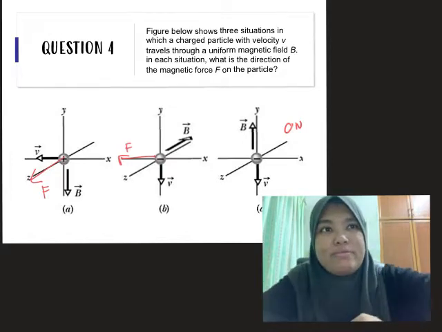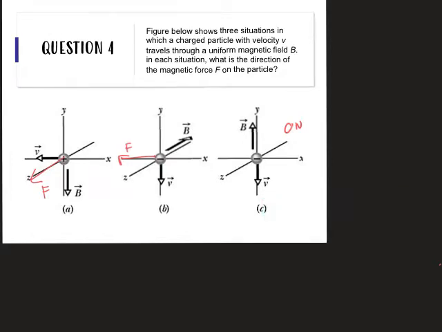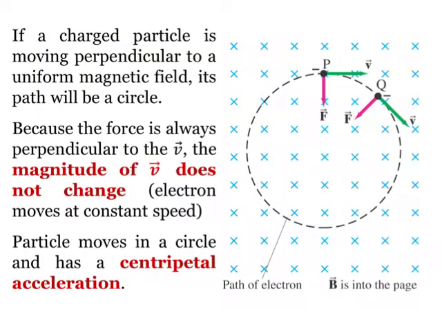Let's proceed to the next one. For example, if we have a velocity moving into a plane of magnetic field, these charges are going to move in a circular motion. Whether the electron or proton moves clockwise or anti-clockwise depends on the direction of the magnetic field given and the direction of the velocity given.